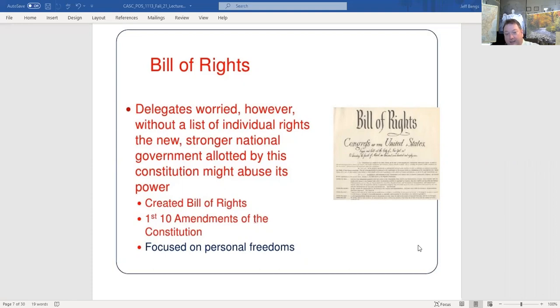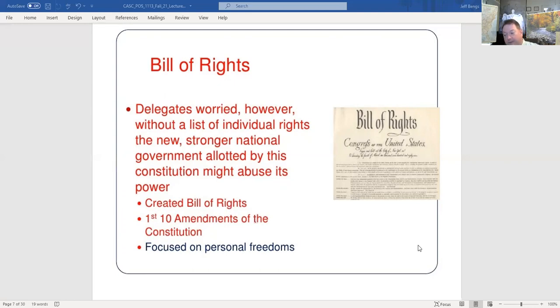And as we're going to talk about in a moment, or maybe Monday, there was a clause, not the Santa Claus, but another clause called the Supremacy Clause, that said that the federal Constitution is the highest law in the land.